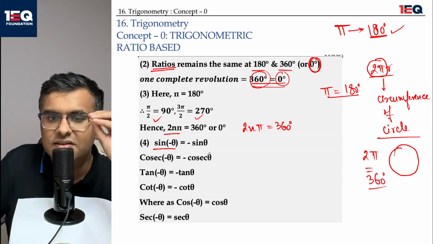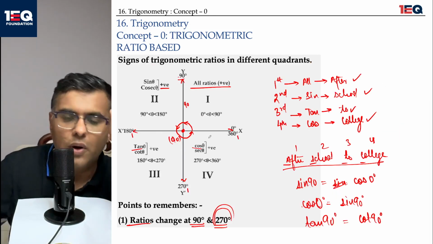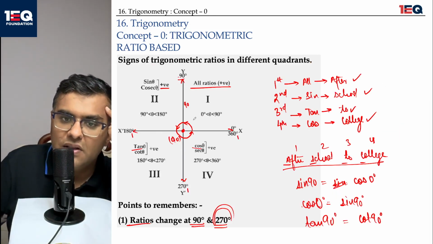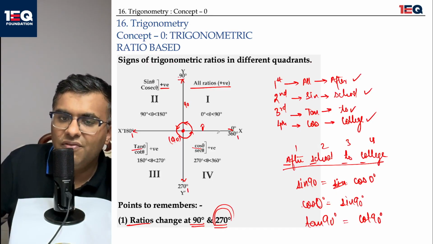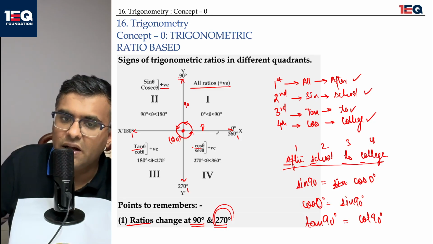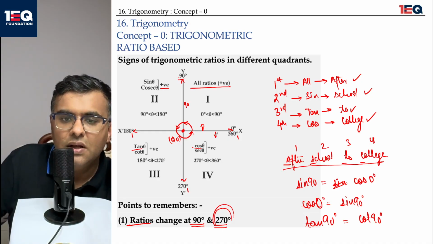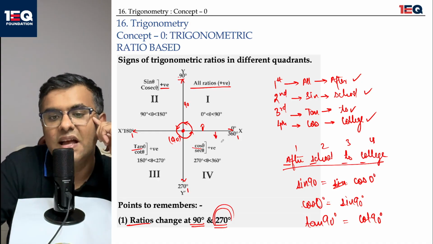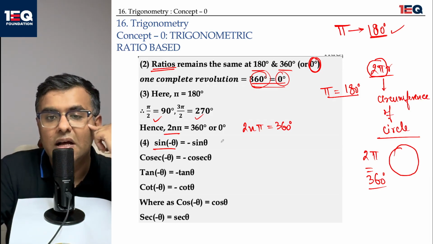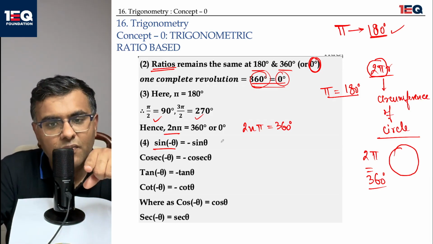All right. Now, sine minus theta. If we go to this coordinate plane, we saw that every angle starts from here in the first quadrant. If some angle has been written as a negative angle, it would start at a plane which is opposite to it. That means sine minus theta is in the fourth quadrant.